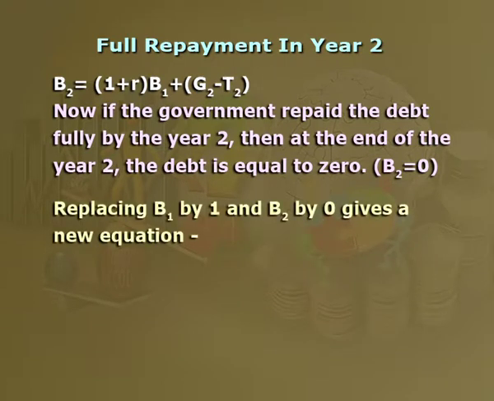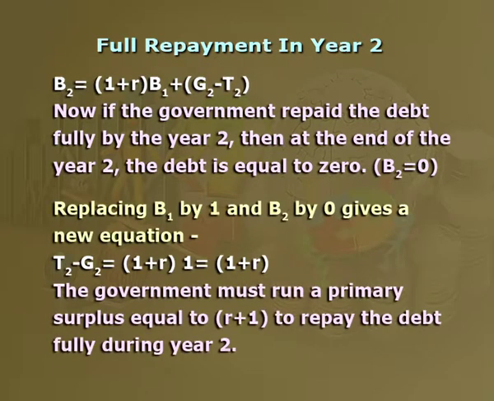Replacing B1 by 1 and B2 by 0 gives a new equation, that is, T2 − G2 = (1 + R) × 1, which is just equal to 1 + R.